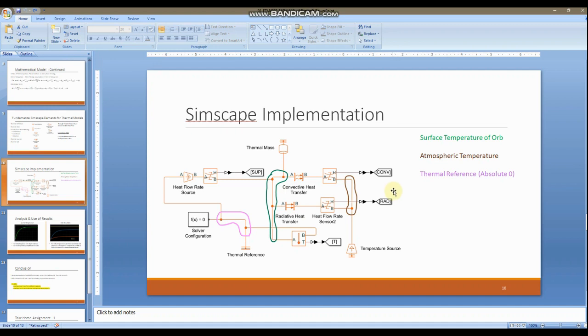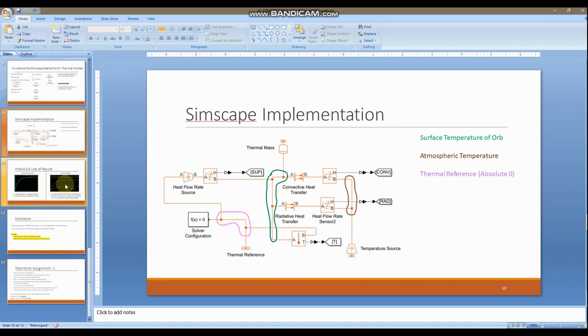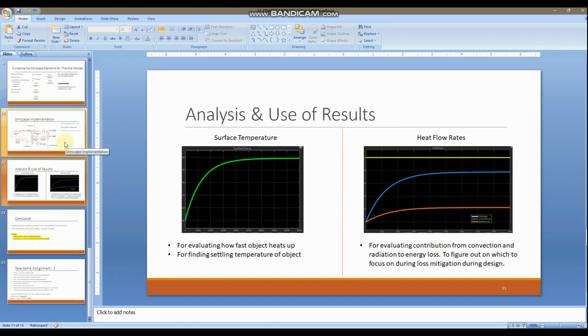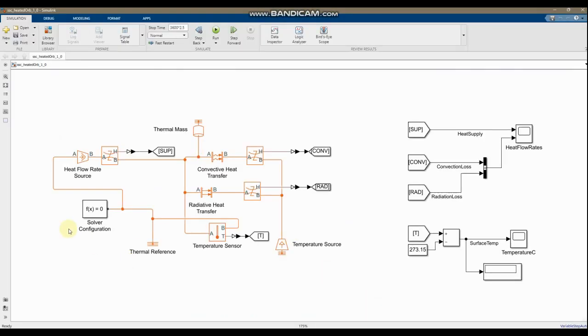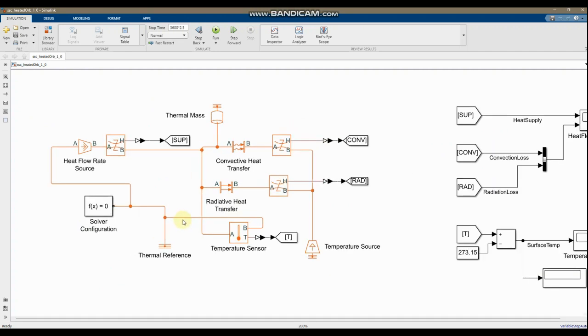And perhaps there will be some conventions you have to follow, like this thermal reference. Right. Now, so this is what I've developed.